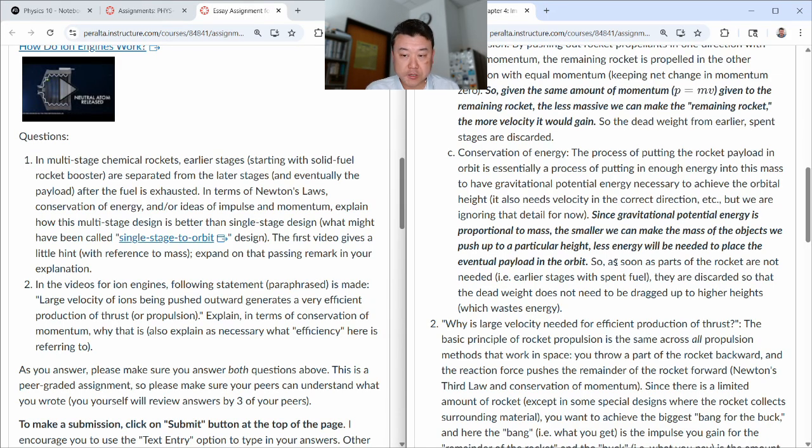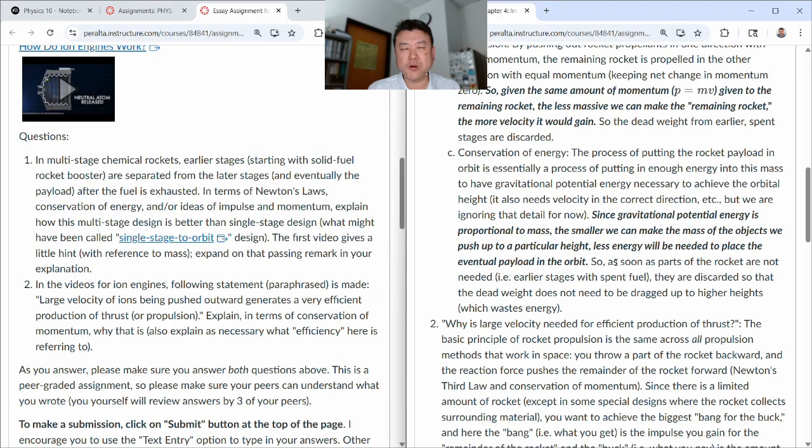Since the gravitational potential energy is proportional to mass, the smaller we can make the mass of the objects we push up to a particular height, less energy will be needed to place the eventual payload in the orbit. So as soon as parts of the rocket are not needed, that is earlier stages with the spent fuel, they are discarded so that the dead weight does not need to be dragged up to higher heights, which wastes energy.